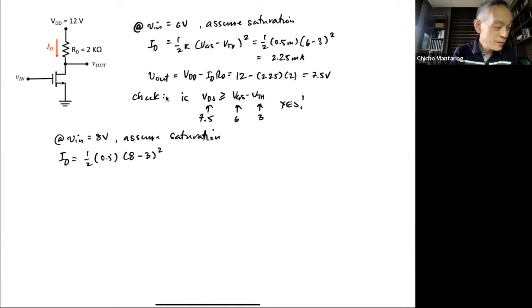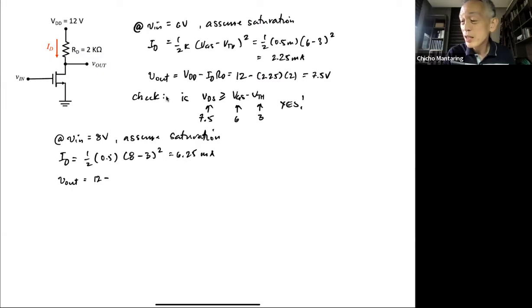This will give me 6.25 mA. And Vout is equal to 12 minus 6.25 multiplied by 2. It becomes negative, because 6.25 multiplied by 2 is 12.5, so this becomes minus 0.5 volts.